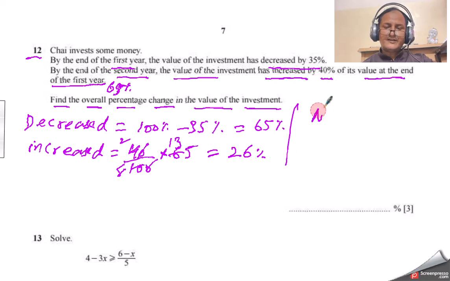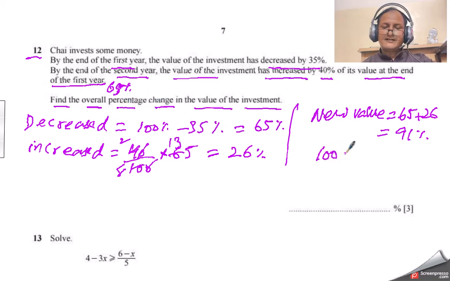We're supposed to write over here: the new value is 65 plus 26, so he has 91% at the end of the second year. Then we're supposed to find the percentage change. The percentage change is 100% minus 91%. It is basically 9%. The change in the value is 9%.